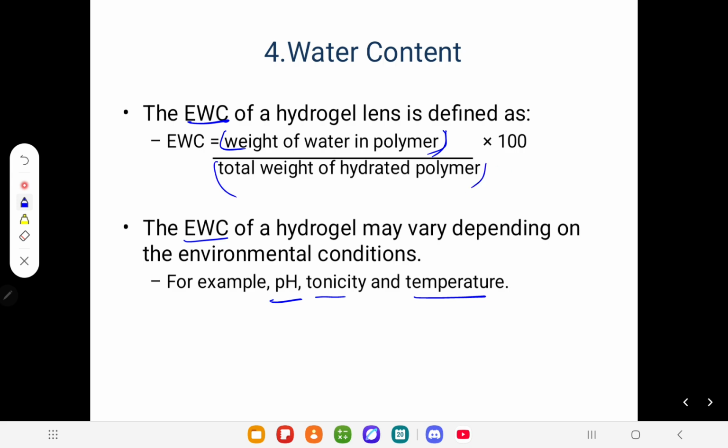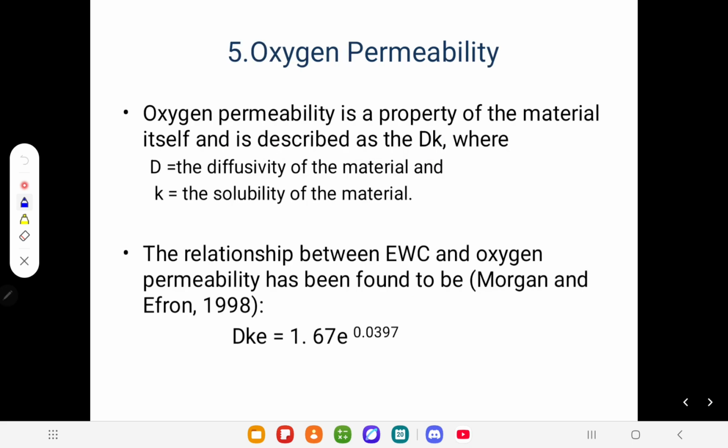So is there any place for the actual hydrogel material, that HEMA? No. So that's why it's always a range. We cannot move to 100%, and for sure we cannot make it 100%.